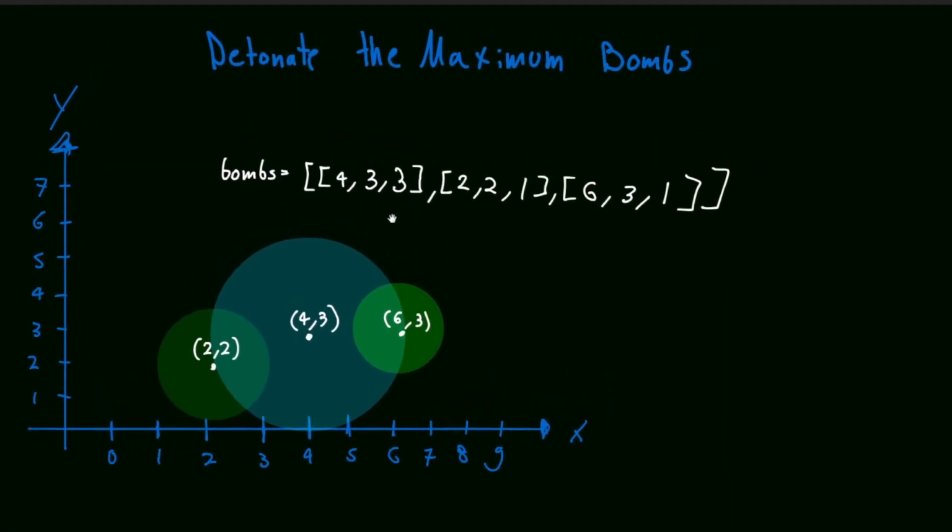As you can see, I've drawn some of this array of bombs here, and the maximum bombs that could be detonated here will be 3, because we can start with this bomb, which will then prompt the 6-3 bomb and the 2-2 bomb to be detonated.